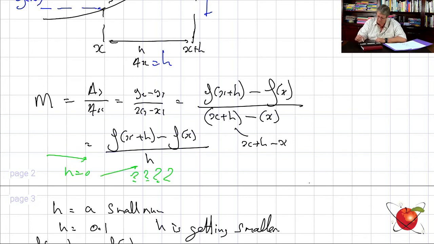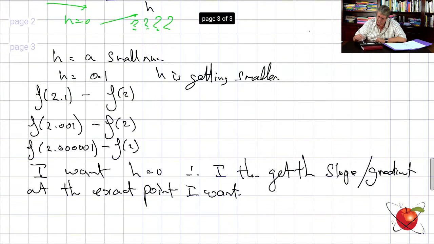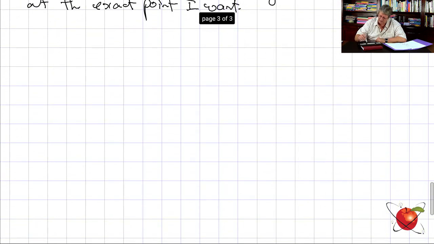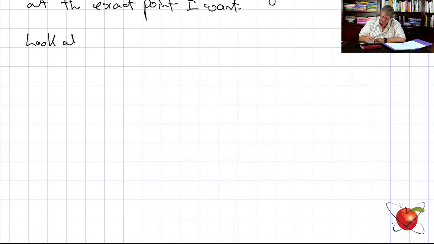So we now have to bring in a branch of mathematics, and we say, all right then, let's pretend h is tending towards 0. So we're going to look at it as h tends to 0. Tends to 0.